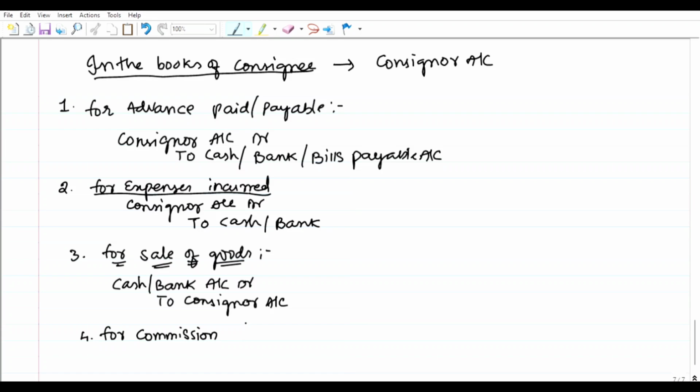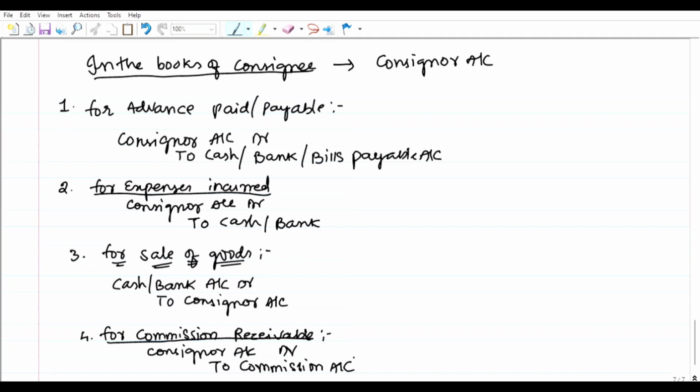He will write the entry making the consignor a debtor. So consignor account debtor, because the consignor should pay the amount, to commission. That is an income. Income will be represented by its name as it is. Income always has a credit balance.